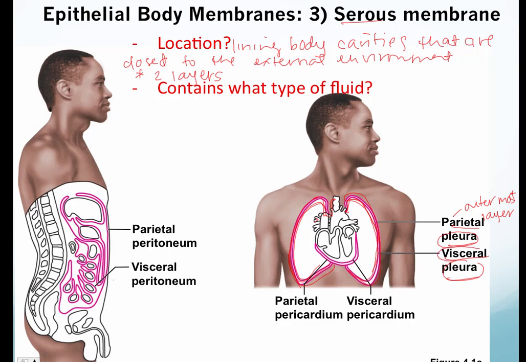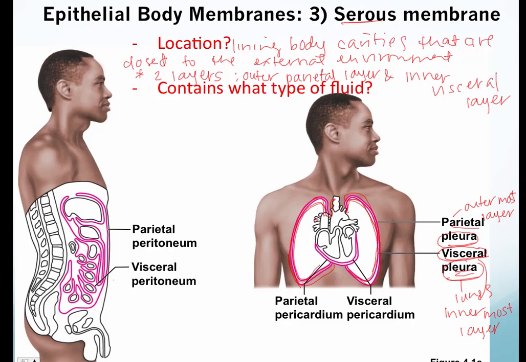And so visceral is the innermost layer. Pleura, we give the term because it deals with the lungs. Okay, so we have two layers that comprise our serous membrane, the outer parietal and the inner visceral.